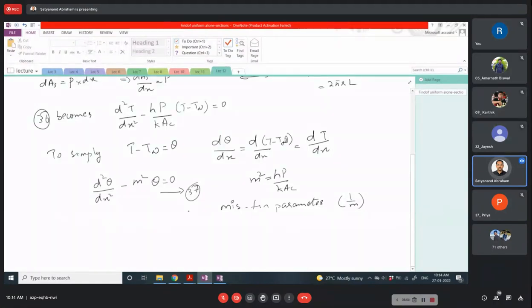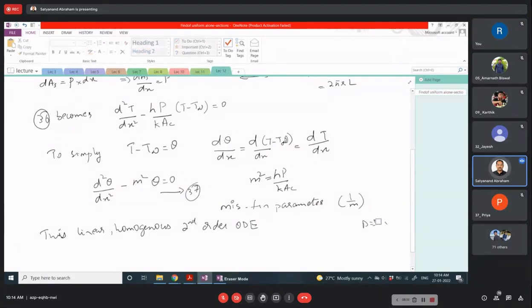So as I said, we can find the solution for this. This is a linear homogeneous second order ODE. You can find it using D square minus m square is equal to 0. So D is equal to plus or minus m, right?